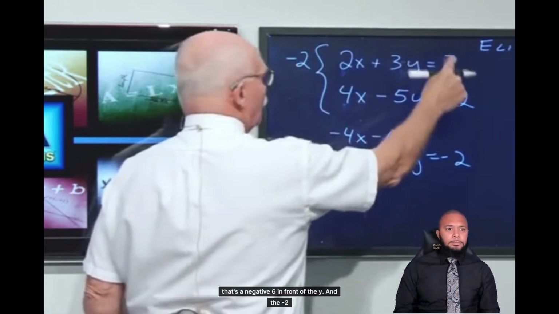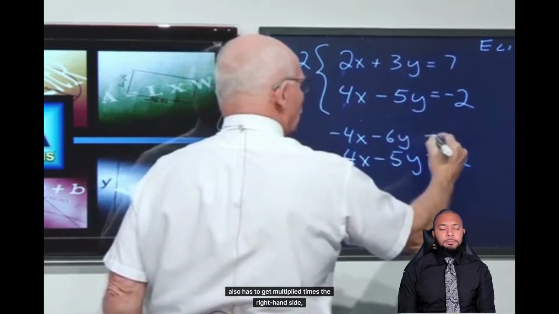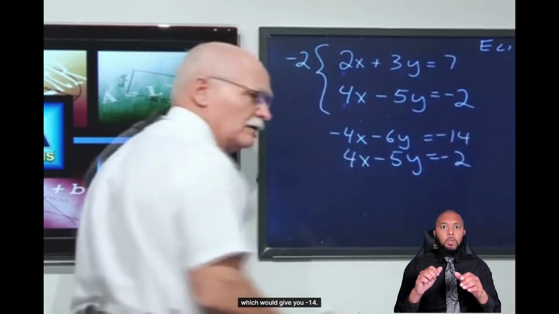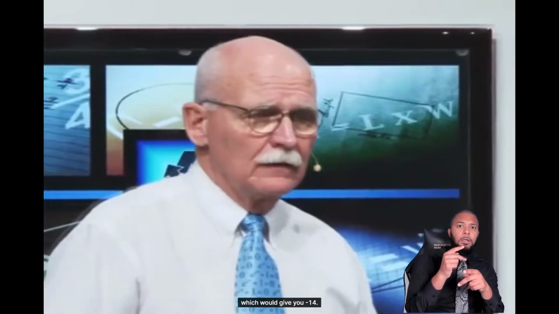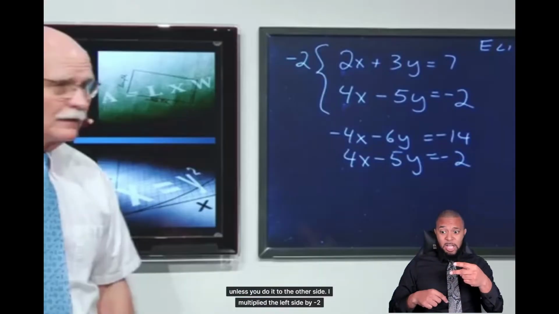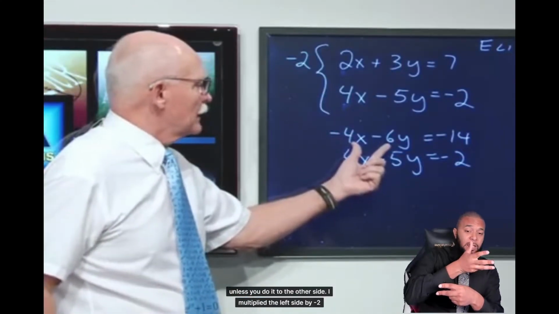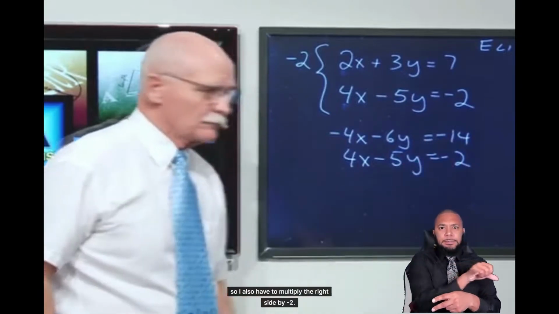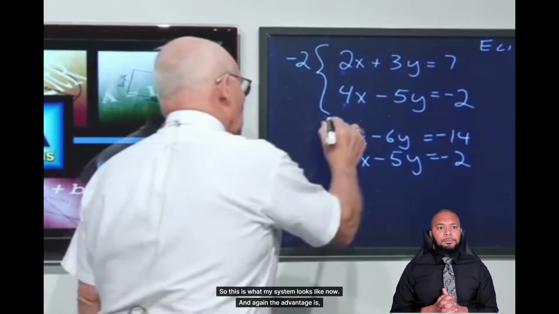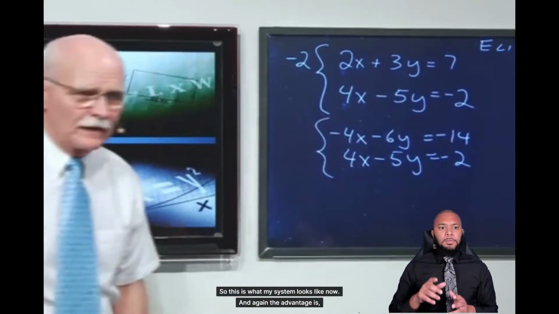And the negative 2 also has to get multiplied times the right-hand side, which would give you negative 14. Remember, you can't do something to one side of an equation unless you do it to the other side. I multiplied the left side by negative 2, so I also have to multiply the right side by negative 2. So this is what my system looks like now.